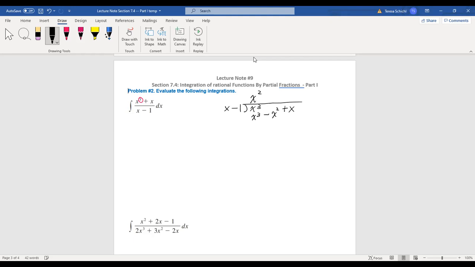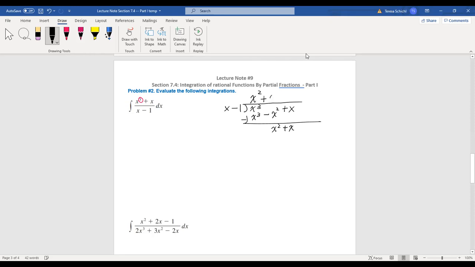That's why I'm leaving a space for that. Subtracting, x cubed minus x cubed disappears, and 0 minus negative x squared gives x squared plus x.